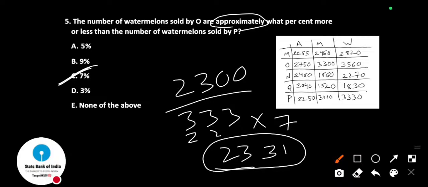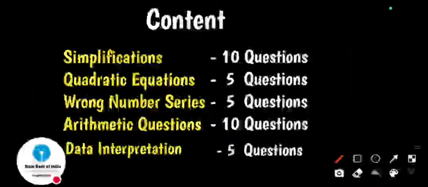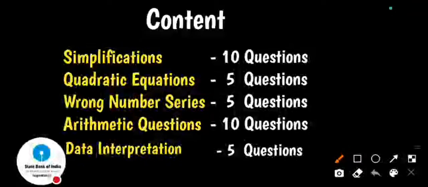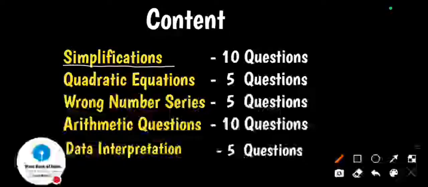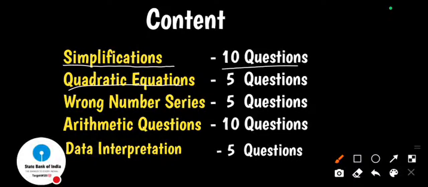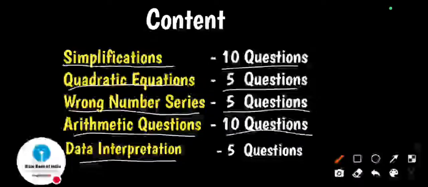And by this we have completed the total concept of today's most expected quant paper for the upcoming bank exams preliminary questions. What we have completed in this video is simplification 10 questions, quadratic equation 5 questions, wrong number series 5 questions, arithmetic 10 questions, and data interpretation set with 5 questions.